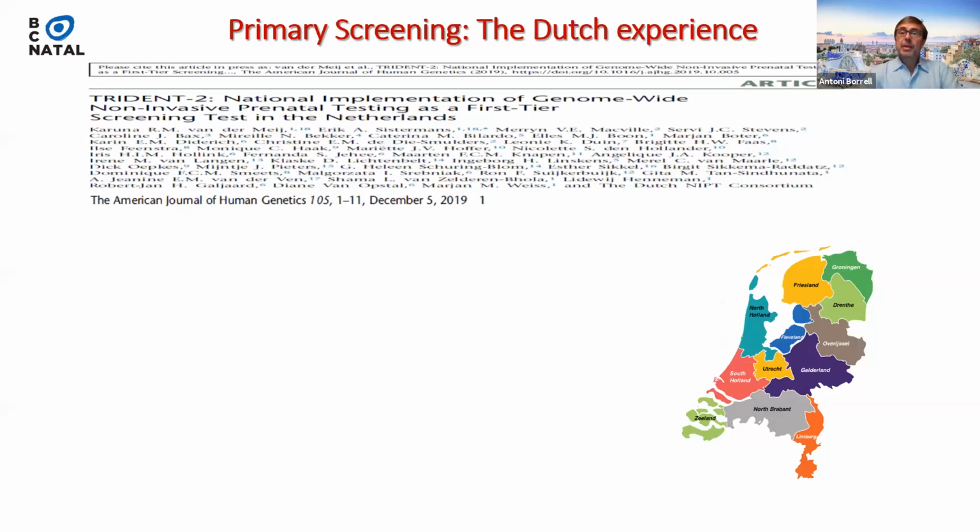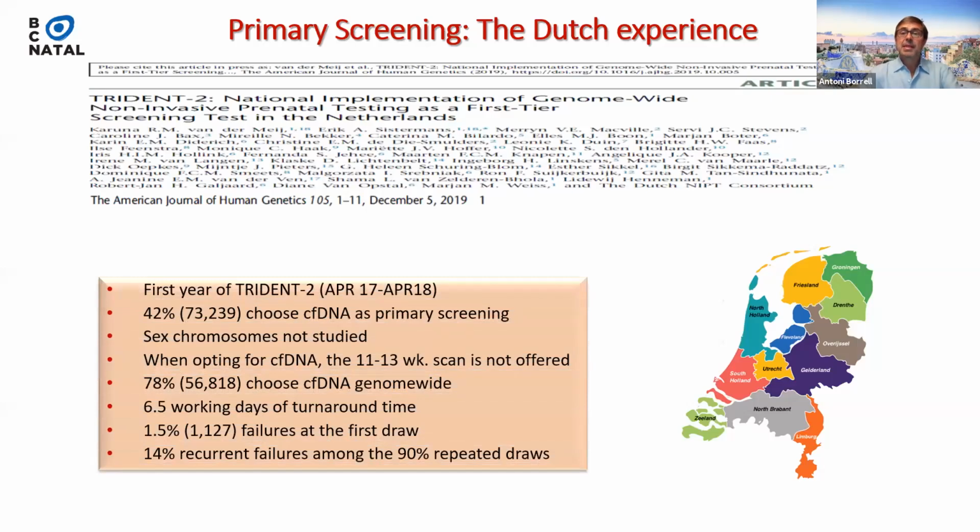Regarding primary screening, I've already spoken that in Holland, in the Netherlands, they offer cell-free DNA, and in Belgium also. Let's review a few points of this study, the TRIDENT-2.